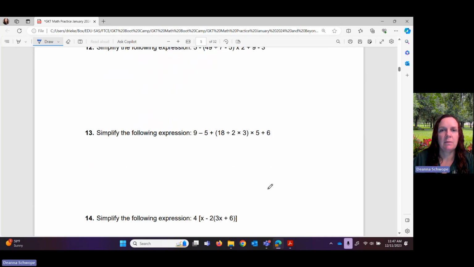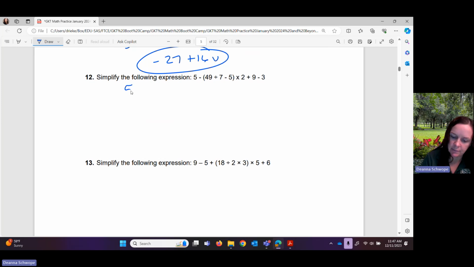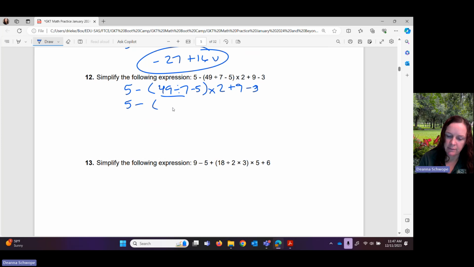All right, 12, same thing. Still doing order of operations. 5 minus the quantity, 49 divided by 7 minus 5 times 2, plus 9 minus 3. Inside the parentheses first, we're going to divide. 49 divided by 7 is 7.